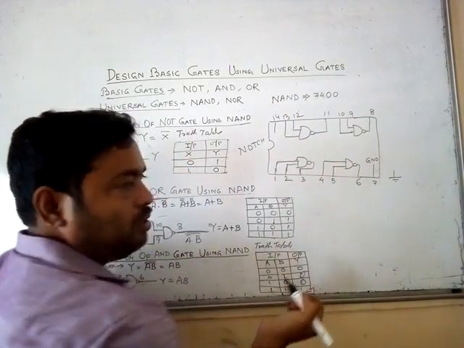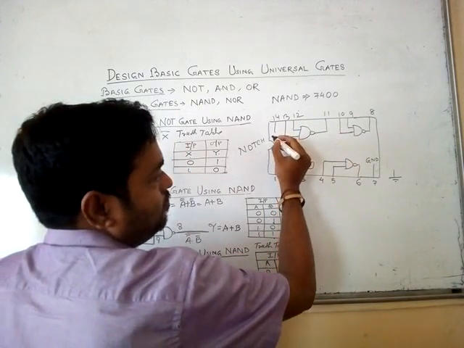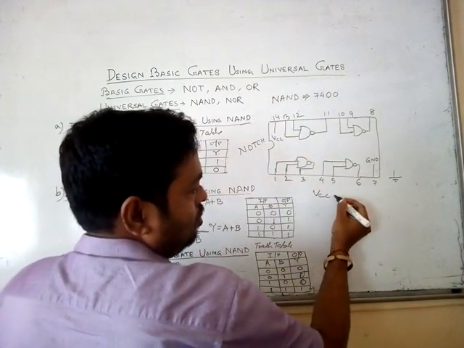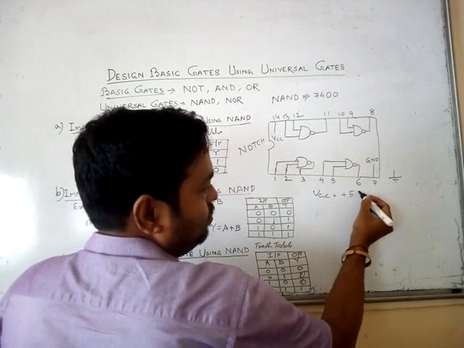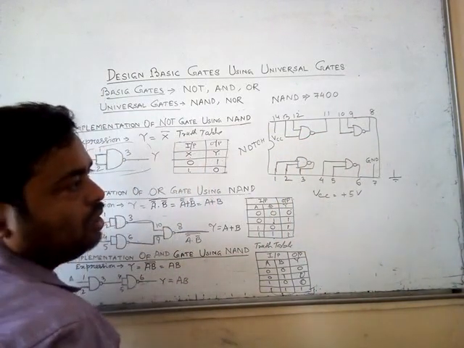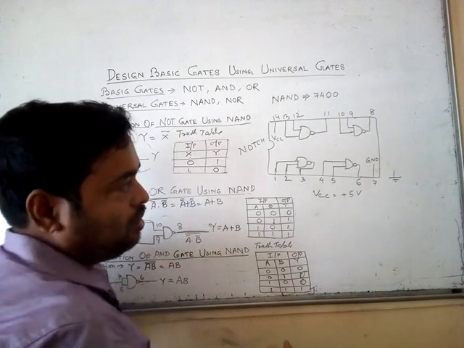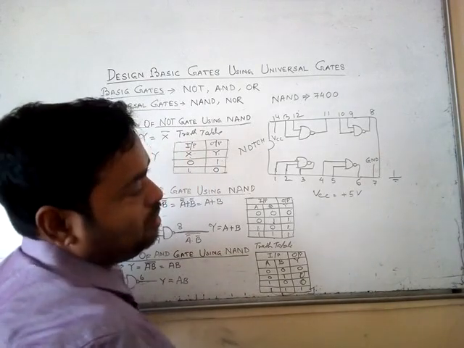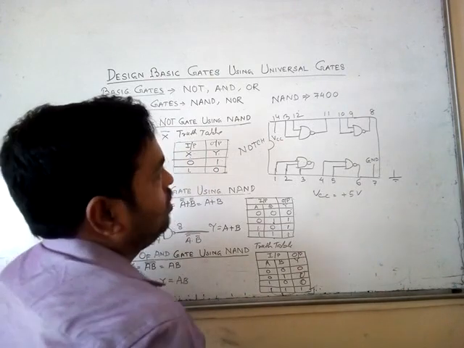Pin number 14 is for VCC. So what is the value of VCC? Plus 5 volt. Whenever we connect an IC in the circuit, we have to give VCC and ground. Otherwise, it will be deactivated.